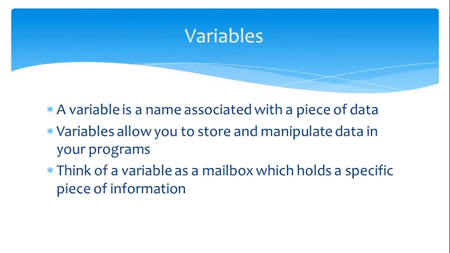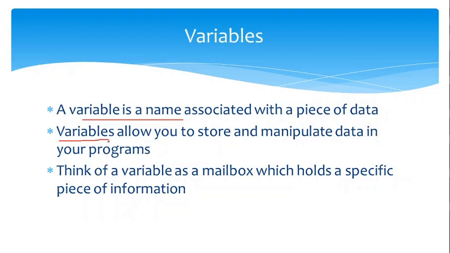First thing, variable. A variable is a name associated with a piece of data. If you are giving some data, and for that data you are giving some name, that is called a variable. A variable allows you to store and manipulate data in your program.